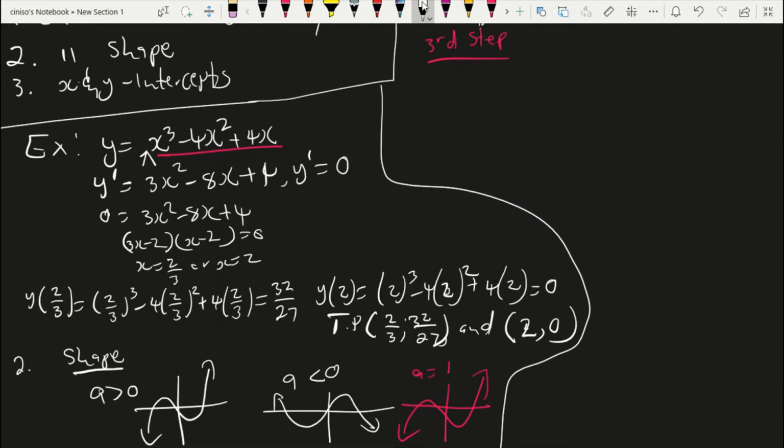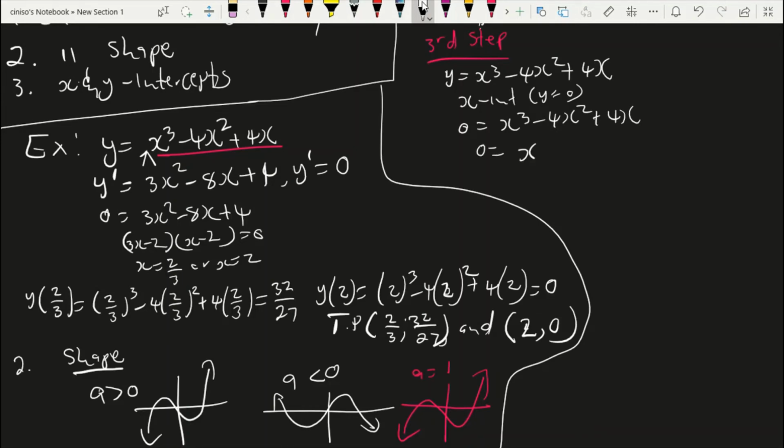is to find the x and the y intercepts, where you have y equals x cubed minus 4x squared plus 4x. So let's say for the x-intercept, y equals 0. You know 0 equals x cubed minus 4x squared plus 4x. Because x is common, you take it out and have x times (x squared minus 4x plus 4).